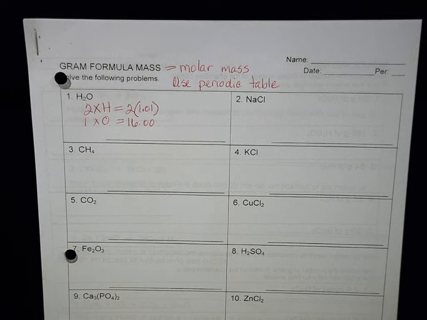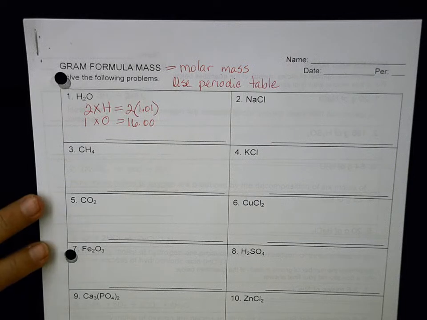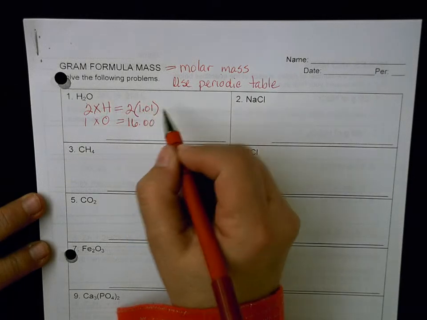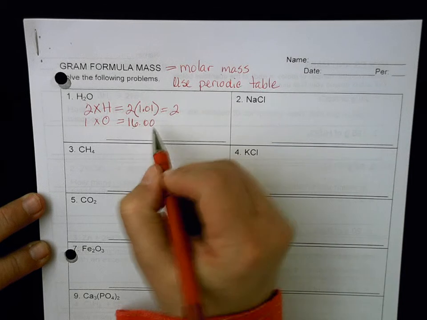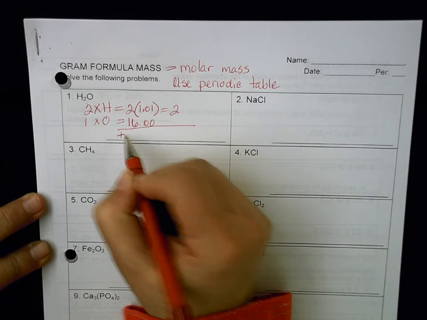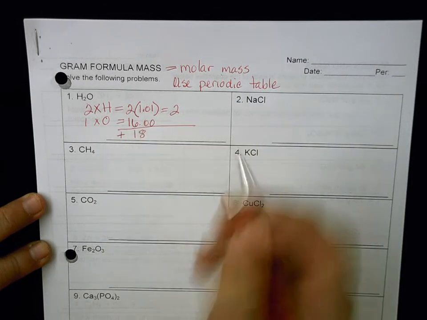And again, this is designed so that we can round and not have to actually use a calculator. So this is going to be approximately 2 plus 16, which gives us a sum total of 18.